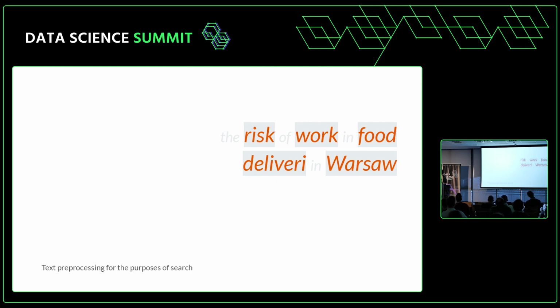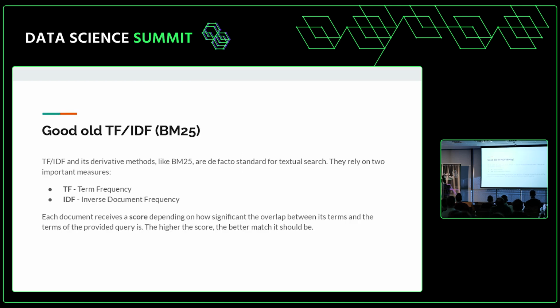If you work with Elasticsearch or any different engine, then you probably use BM25. This is the most commonly used algorithm for textual search. And under the hood, it is based on a simple bag of words model with some extensions. There is a special formula for how to calculate the relevancy score of each document.